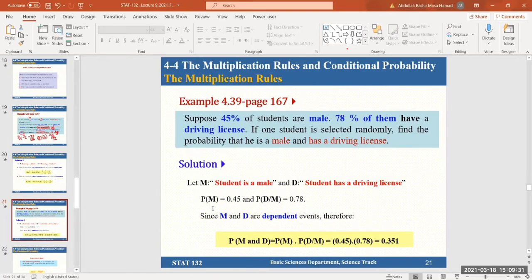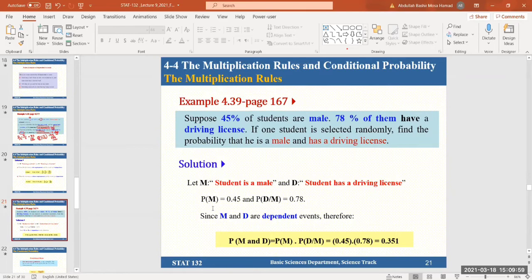Clear? So we have another example about dependent events. Suppose 45% of the students are male, say in a school. 78% of them have a driving license. If one student is selected randomly, find the probability that he is male and has a driving license. These two are dependent events. Let M be the student is male and D the student having a driving license.